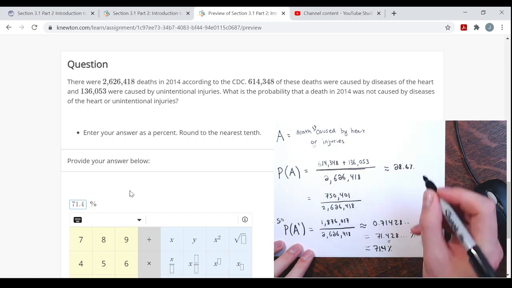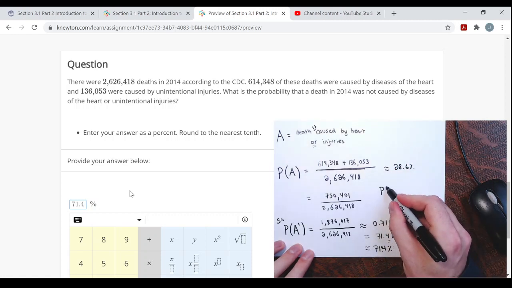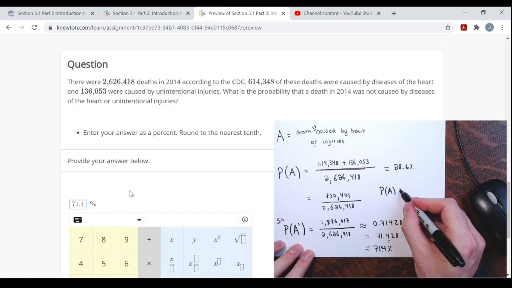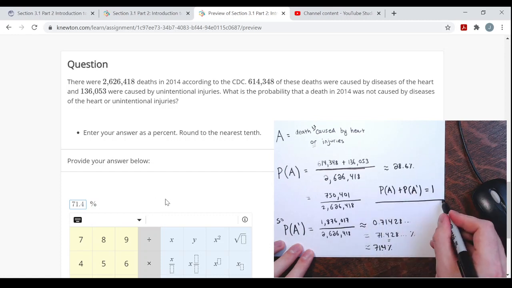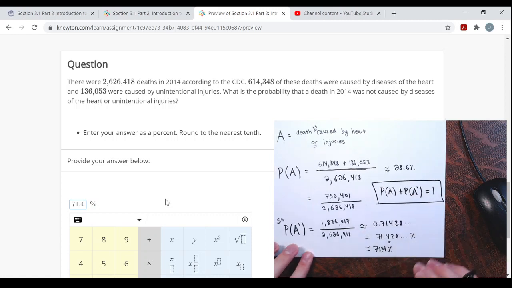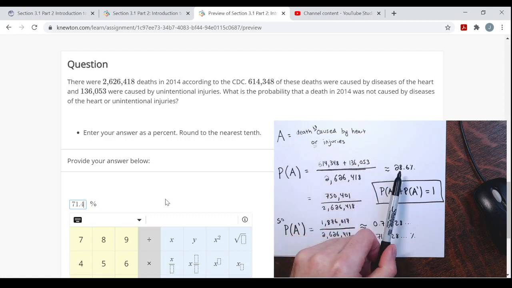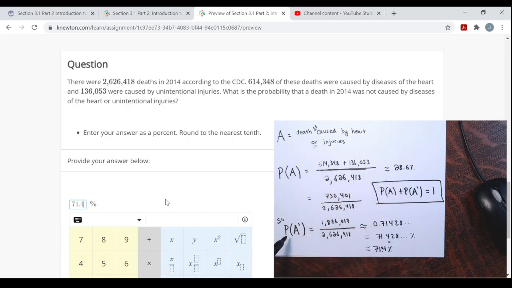Because remember this rule: the probability of an event plus the probability of not that event has to be equal to 1 or 100%. So the probability that the deaths were caused by those two things is about 28.6%, and the probability that they weren't, as we saw, was 71.4%.